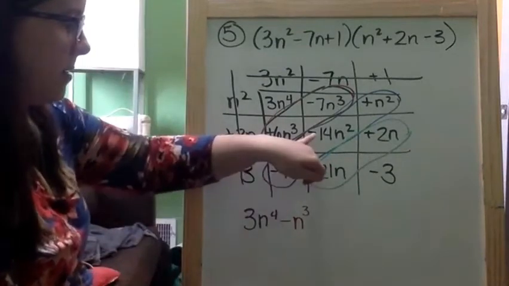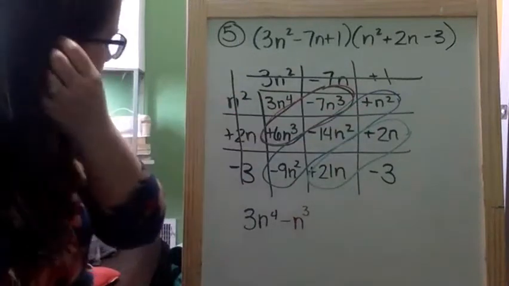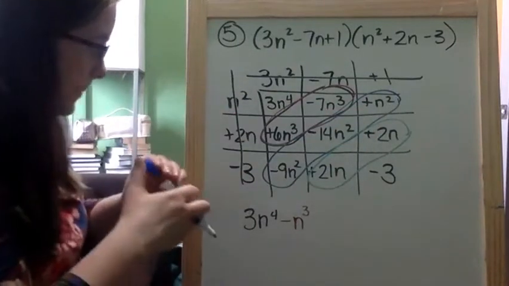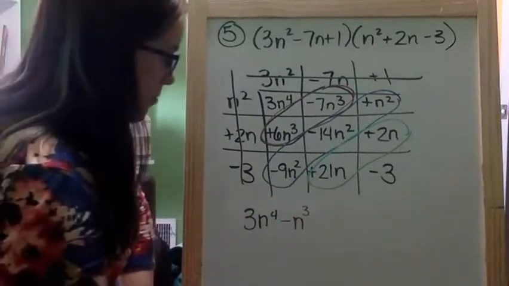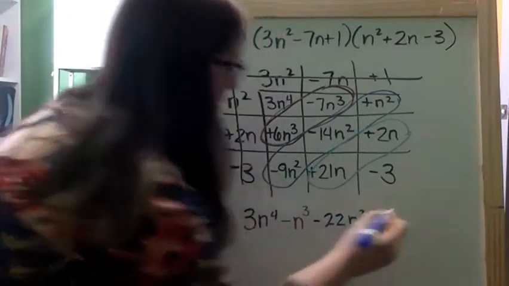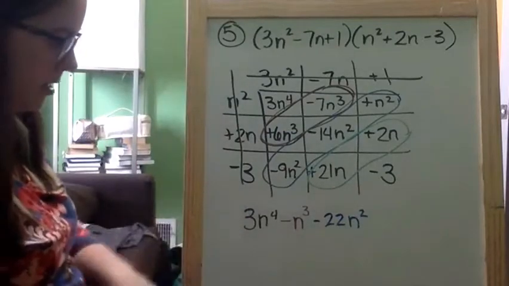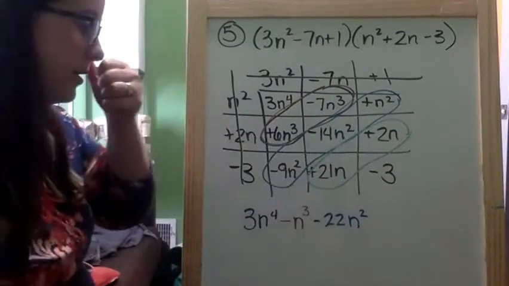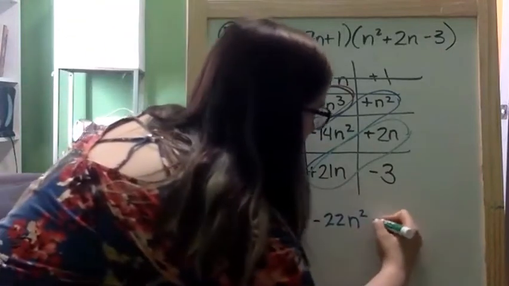Negative 9 minus 14 plus 1. I'll do this now. So that's a negative 23 plus 1. So that's negative 22n squared. Positive 21 plus 2, so plus 23n.